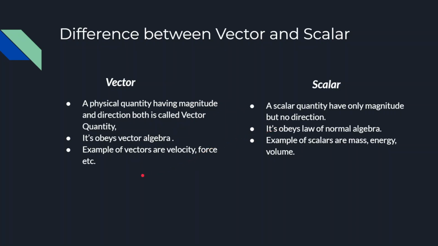Some examples of vectors are velocity and force, etc. Some examples of scalars are mass, energy and volume, because velocity and force have both direction and magnitude, but mass, energy and volume have only magnitude and no direction. So these are scalars.